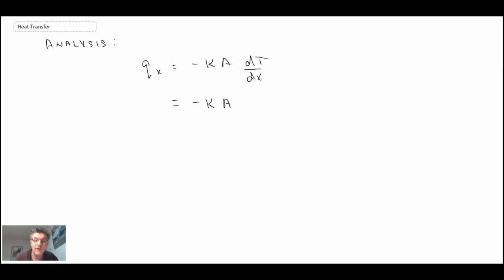First of all, we're going to start with the temperature differential, dT by dx, or the gradient, I should say. This is where you have to be careful to make sure that your coordinate system and the temperatures that you're using are consistent. And so in evaluating this, we take T inner minus T outer, so the change in temperature from the inner to the outer, divided by the change in distance from the inner to the outer surface.